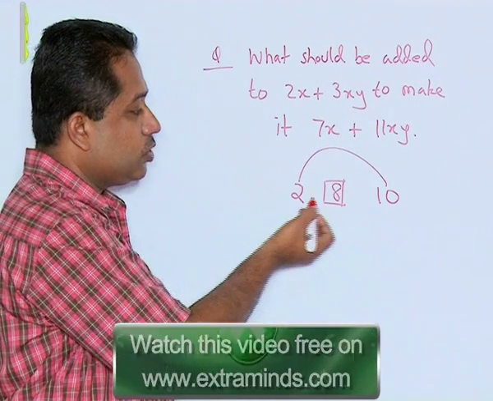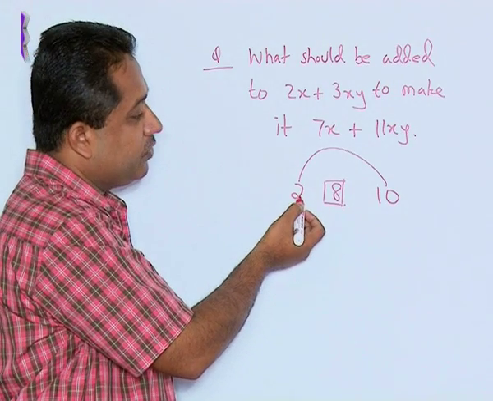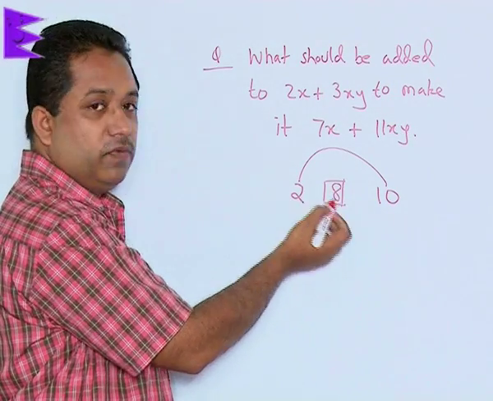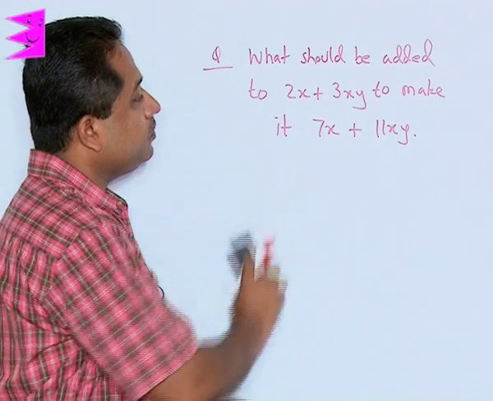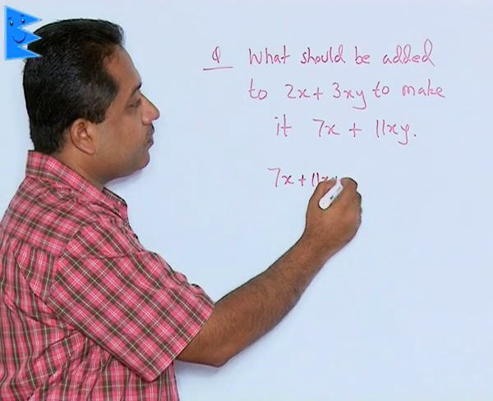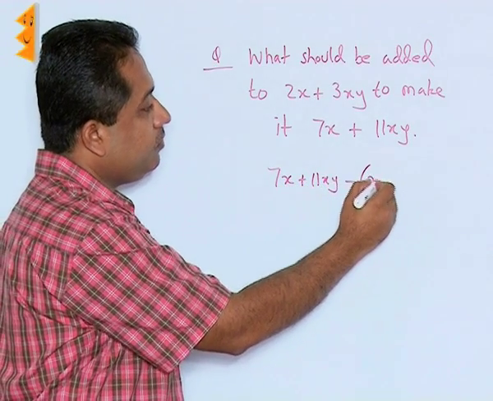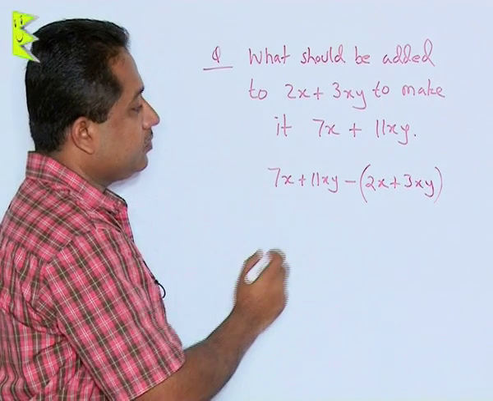As we saw, what should be added to 2 to get 10? The procedure was simple: subtracting 2 from 10, we got 8. So, using this technique, we can say 7x plus 11xy minus of 2x plus 3xy.